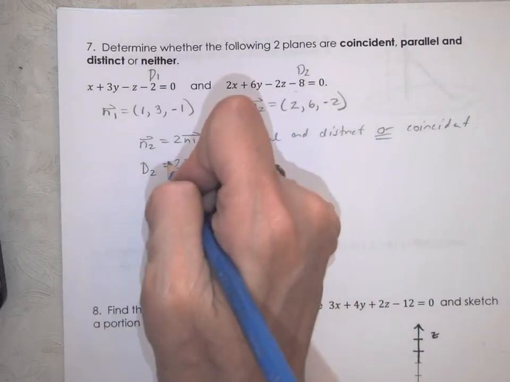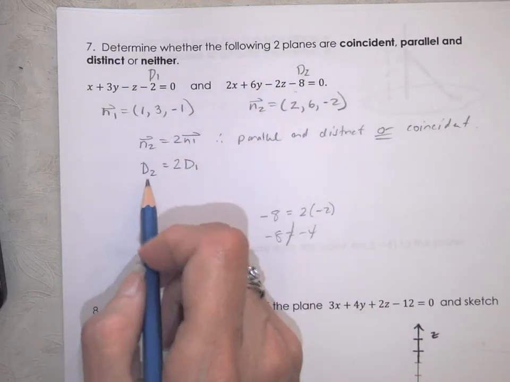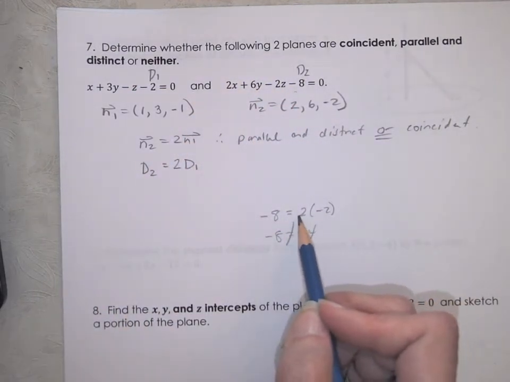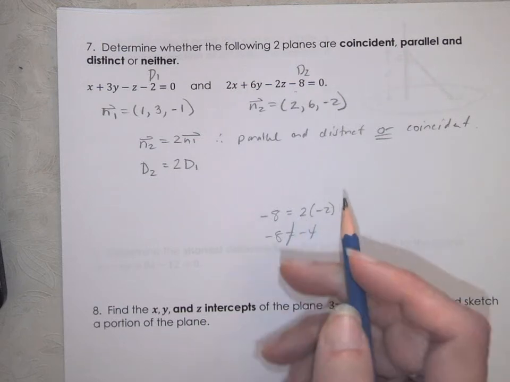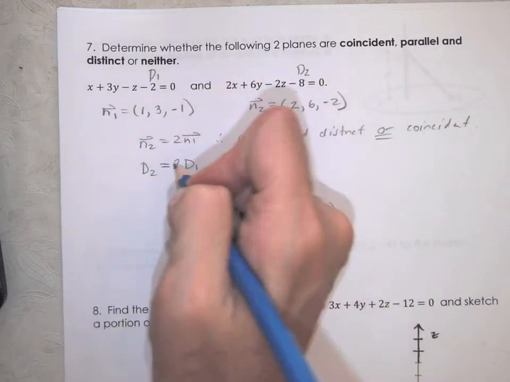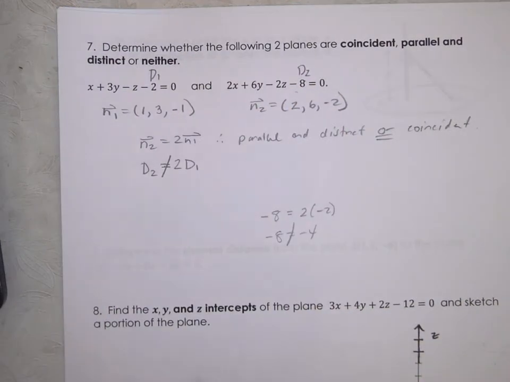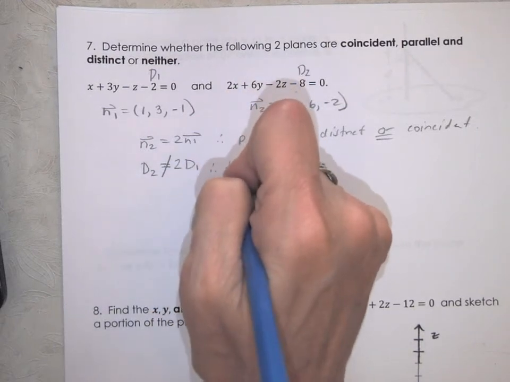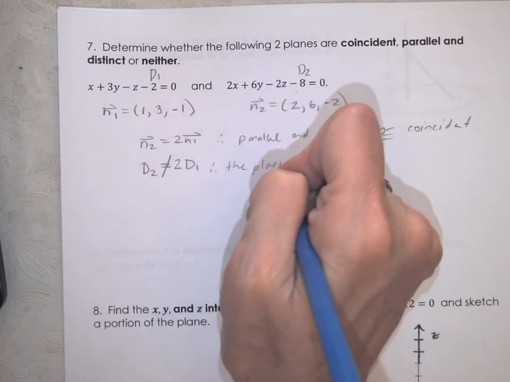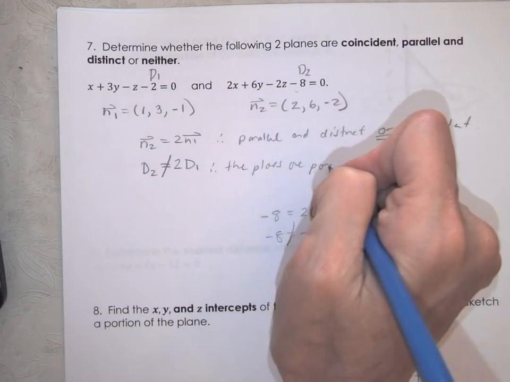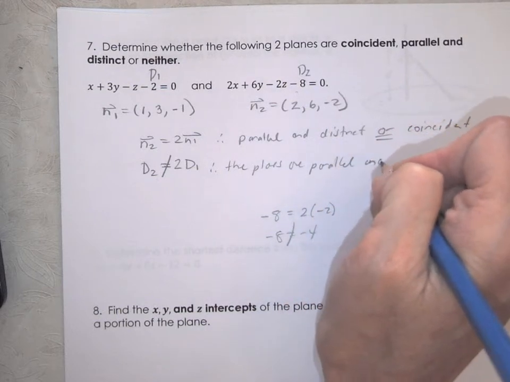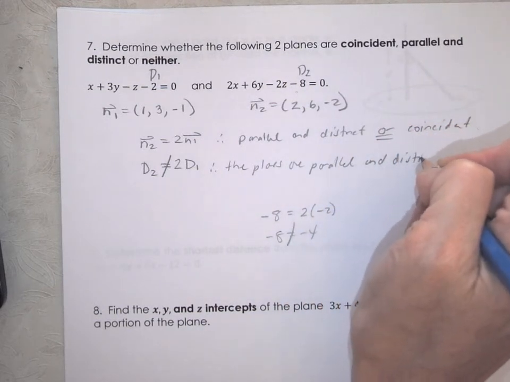When I make this statement, I go and test it, and this can be done in your head or on the side, but then I write D2 does not equal 2D1. Therefore, the planes are parallel and distinct.